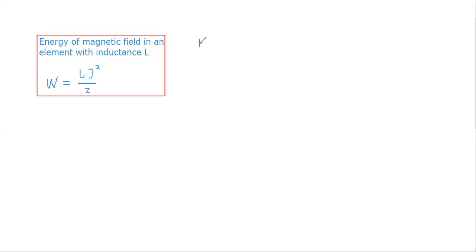Magnetic induction in a solenoid is equal to mu 0 n i, where n is number of turns divided by length of solenoid, and according to this we have that electric current in solenoid is equal to magnetic induction divided by mu 0 n.